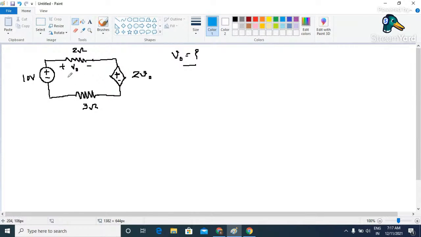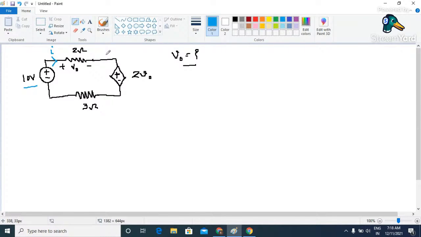Let us consider that the value of current flowing through the circuit is indicated by the symbol I. Because we have an independent source of 10 volt, I have assumed that the current is coming out from the positive terminal of this voltage source, and when this current flows through this 2 ohm resistor, it will experience a voltage, and because the current is from left to right, this is plus and this is going to be minus, so the same sign is given in the numerical.